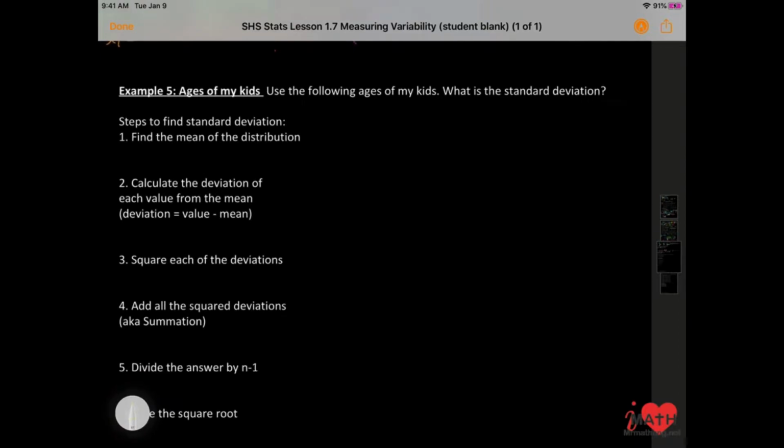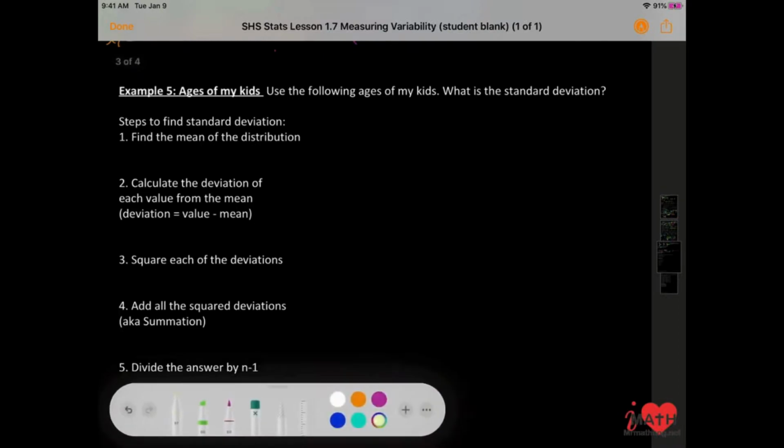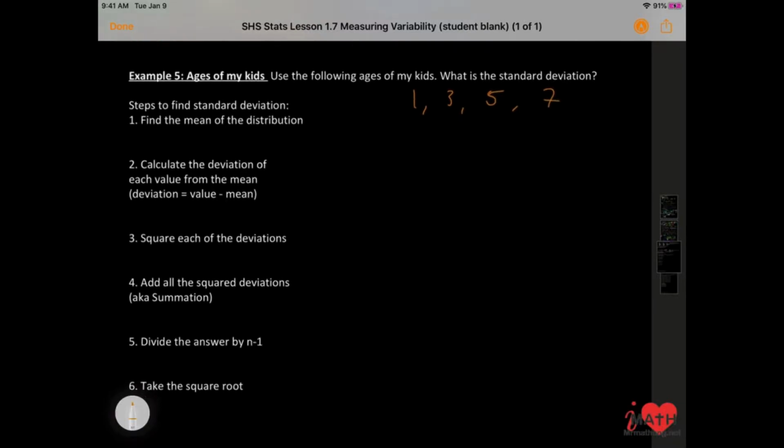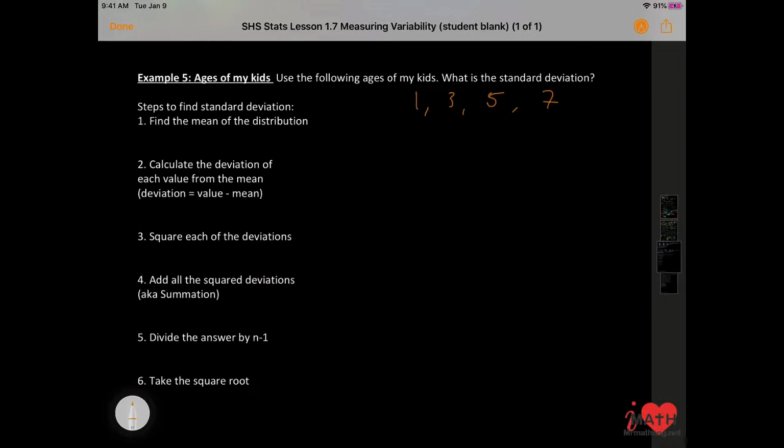All right, so let's do an example. Use the following ages of my kids: 1, 3, 5, and 7. It's just meant to be a super easy example. Let's go through these steps. Find the mean of the distribution. The mean is the summation of all of our numbers divided by n.